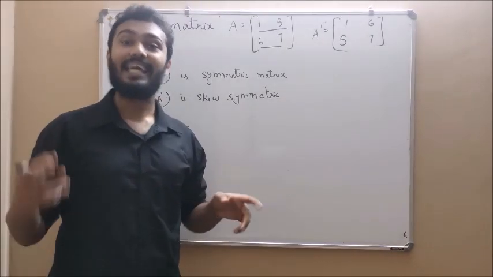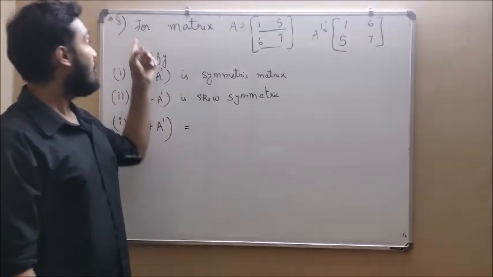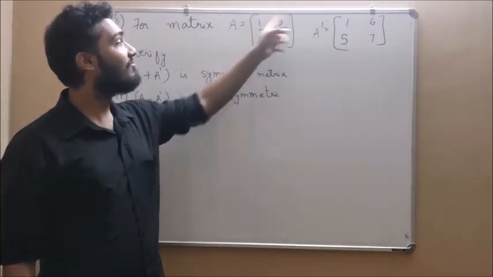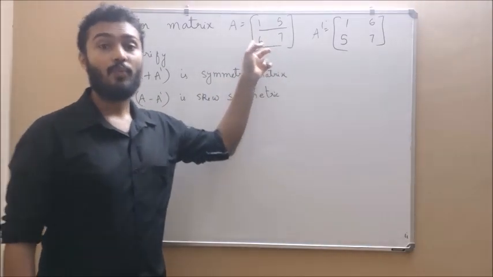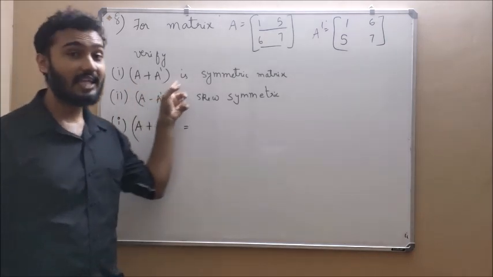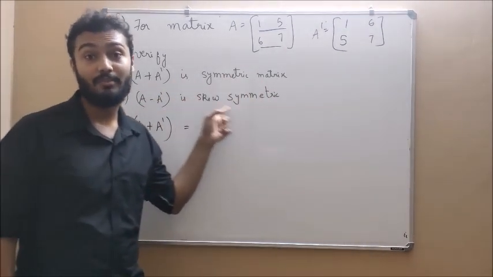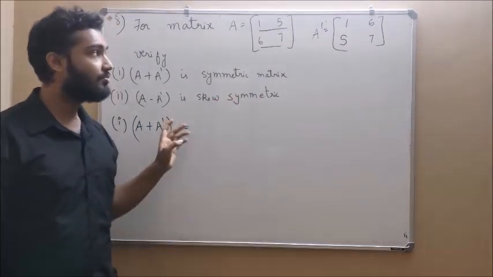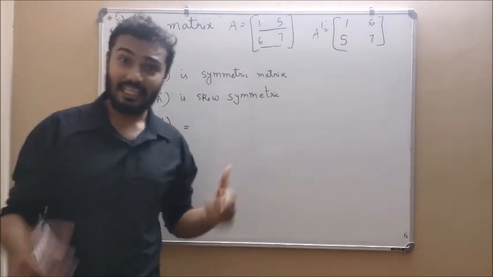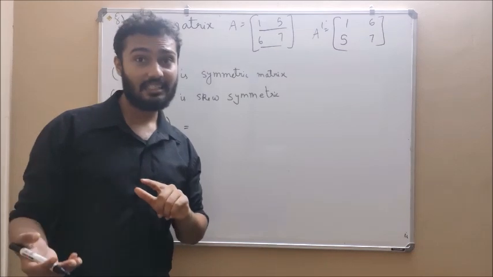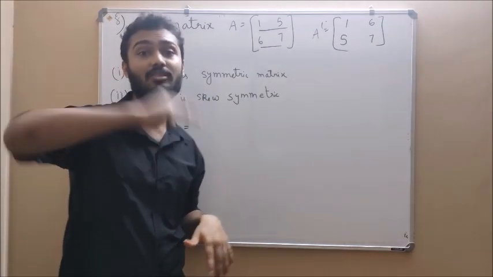Next we move on to the 8th question. For a matrix A with rows 1, 5 and 6, 7, verify that A plus A dash is a symmetric matrix, A minus A dash is a Skew-Symmetric matrix. Now we have to get A plus A dash. So you know what is A dash? Take the transpose, write the row as column.